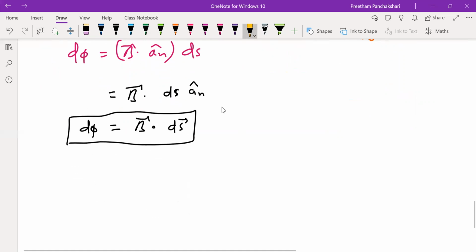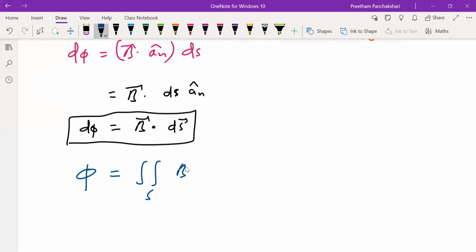Now, if we consider a quite larger area, then the amount of flux passing through that larger area is given by the magnetic flux phi, the integration of B dot dS.